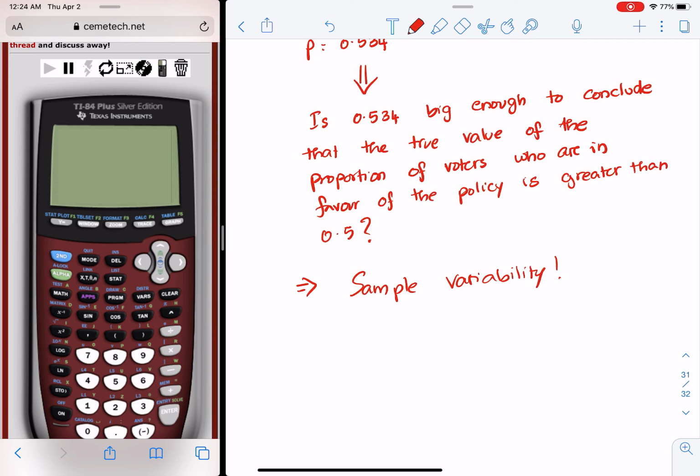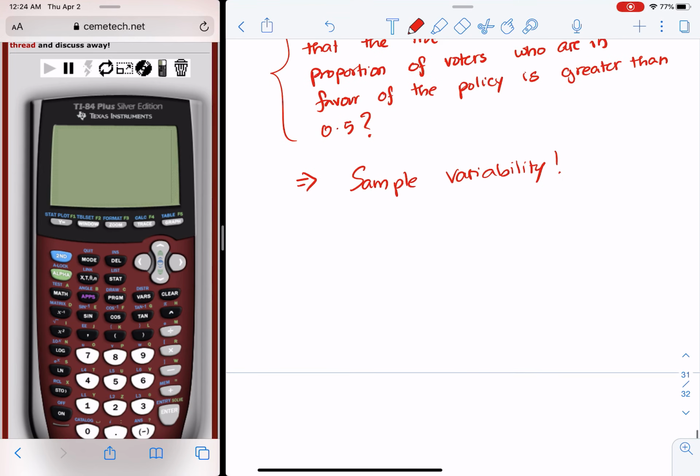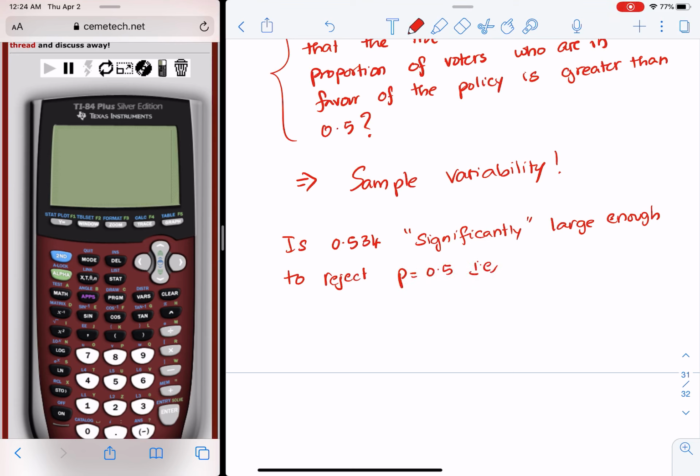The purpose of a hypothesis test is to answer this question: is 0.534 truly big enough, in other words, significantly large enough to reject the statement p equals 0.5, that is, conclude that p is greater than 0.5?